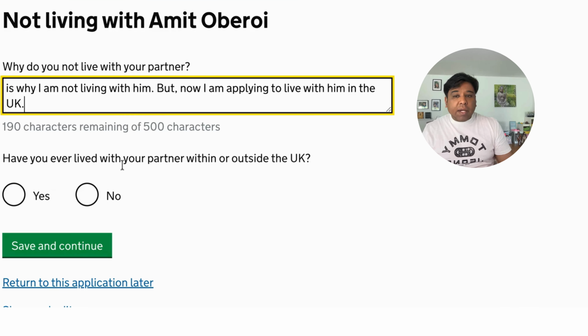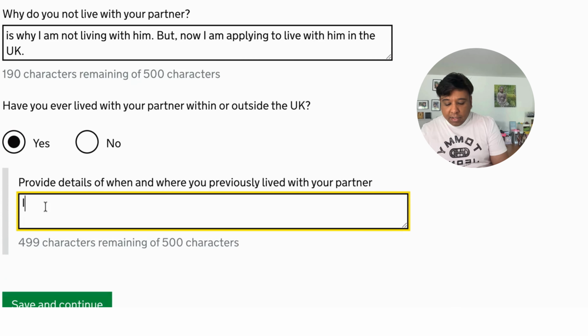Have you ever lived with your partner within or outside the UK? This is really important. Imagine you got married in December 2025. You lived together at your Indian parental home, for example, for 25 or 30 days. You must mention that. So I'm going to just say yes. I got married on, say, 1st December 2025, for example.